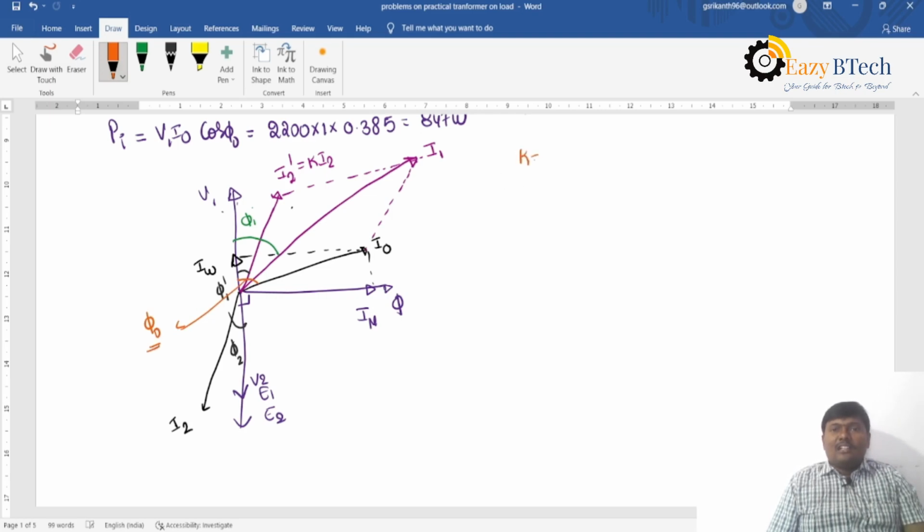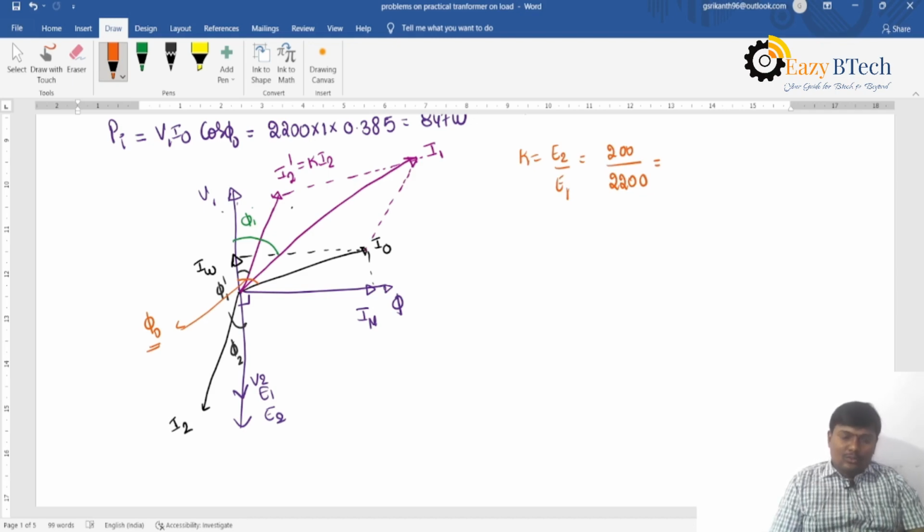So how can you calculate the K? K is equal to E2 divided by E1, that is 200 divided by 2200, that should be equal to 1 by 11, which is 0.0909.